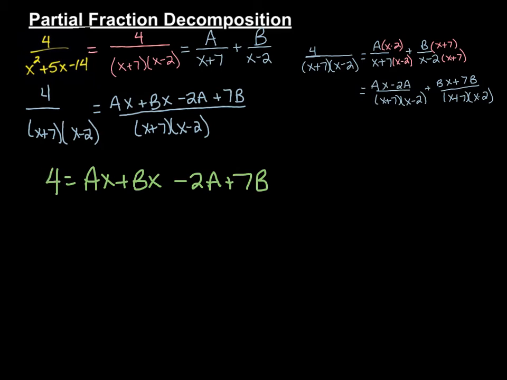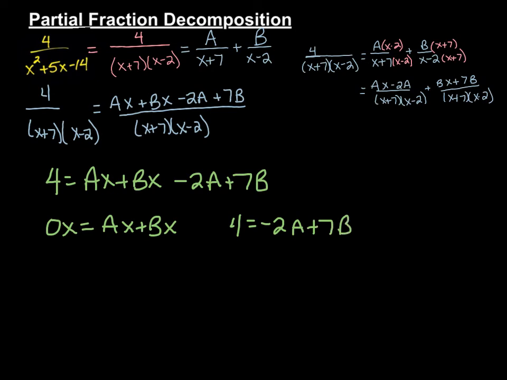So you'll notice that ax plus bx represents the variable, which there is no variable over here. So that means 0x equals ax plus bx, and 4 is equal to negative 2a plus 7b. Okay?